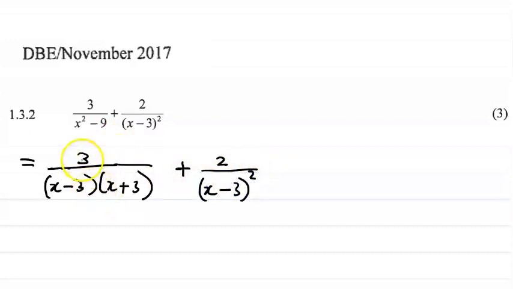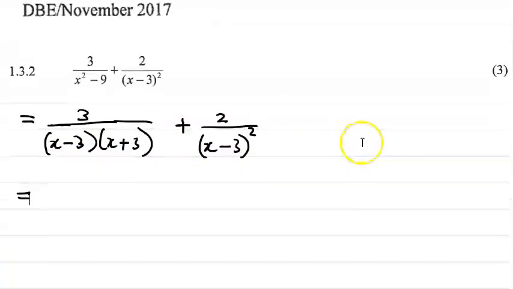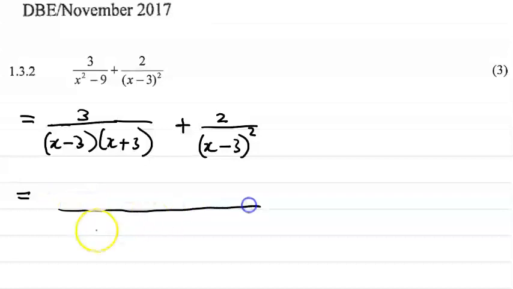Now if I look at this here, 3 over x minus 3, x plus 3 plus 2 over x minus 3 squared, what will my LCD be? Well, in this particular example, my LCD or LCM is going to be, remember I got x minus 3 here and x minus 3 squared. Ask yourself the question, what if this x minus 3 was just x, if you had x and x squared, what will your denominator in that instance be?